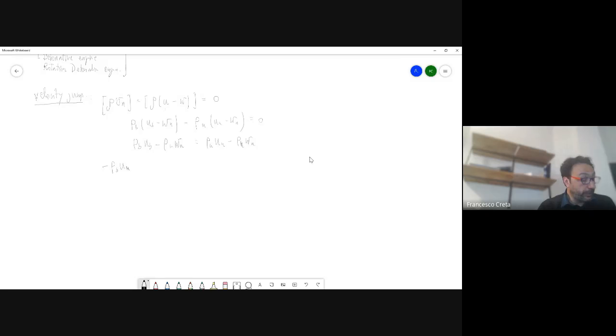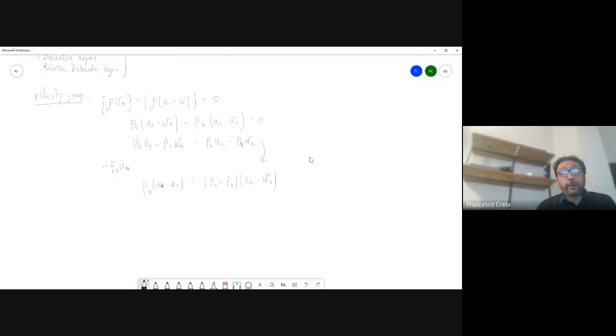Essentially what we're going to be left with is something like this: rho B, sorry, UB minus UU, is equal to rho U minus rho B, times UU minus WN. So I'm just skipping a couple of steps here.